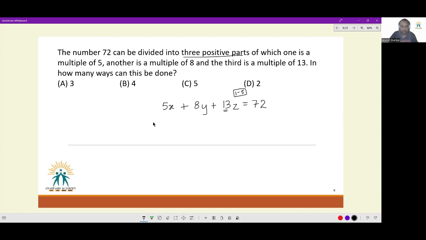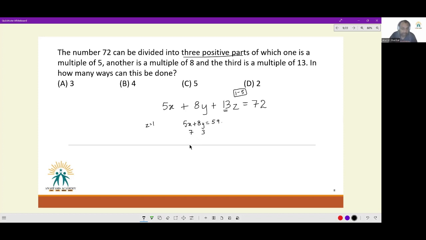So, we'll start off with when Z is equal to 1. The equation left is 5x plus 8y is equal to 72 minus 13, which is 59. Now we have to check for any acceptable solution set that we can create. 24 plus 35 will work. So y is 3, x is 7. One solution set when Z is 1.